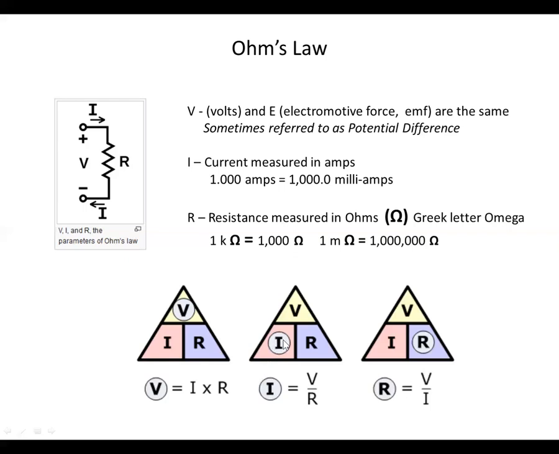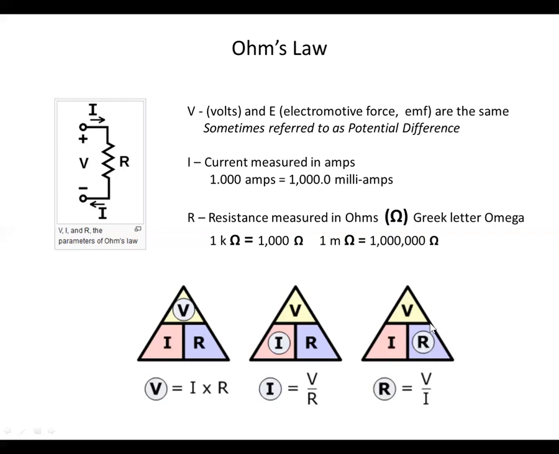If you know the voltage and the resistance, then you can calculate the current, because it's the voltage divided by the resistance, as you see here. And then if you want to determine the resistance, and you know the voltage and the current, you can get the resistance by dividing the voltage by the current.